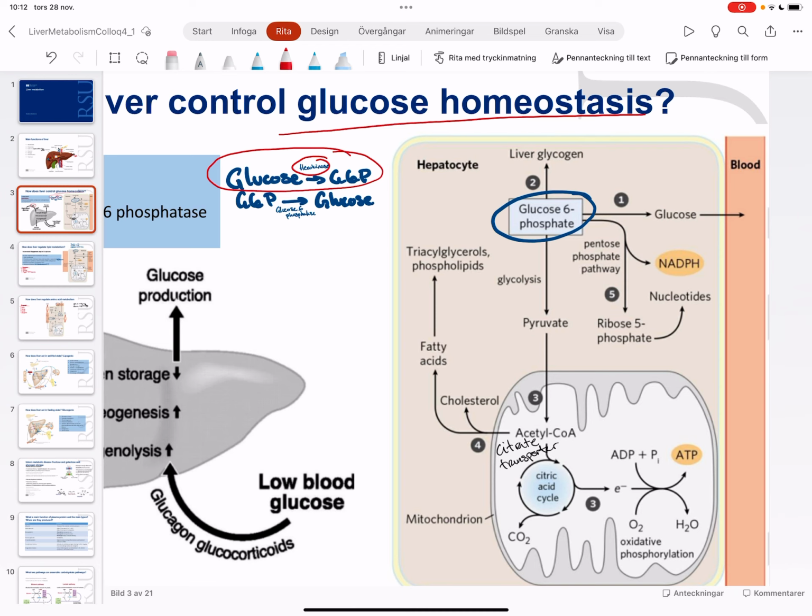But if you want to get glucose out to the blood, then you need glucose 6-phosphatase, which takes the phosphate away from the glucose, and in that way the glucose can go out to the blood.